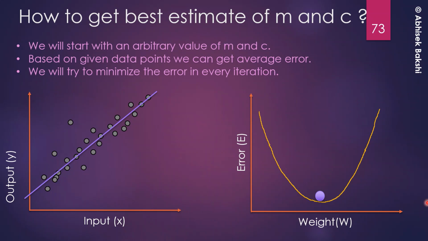So now the question is, what benefit can we get from here? Ultimately, after drawing this straight line, what benefit have we got? The benefit is that, assume I want to know the value of y for some x whose value is not present in the dataset, for example some x over here.